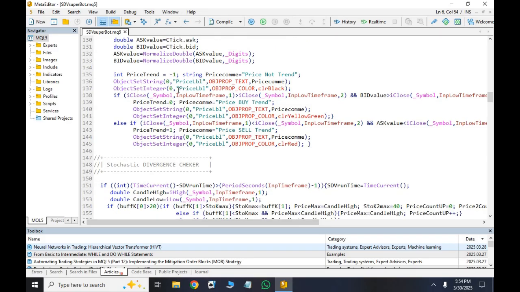If the close price of candle 1 is bigger than the close price of candle 2, that means the previous candle close value is greater than the one after, that means 2 bullish candles.